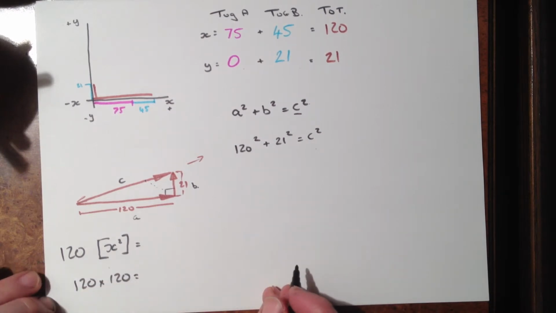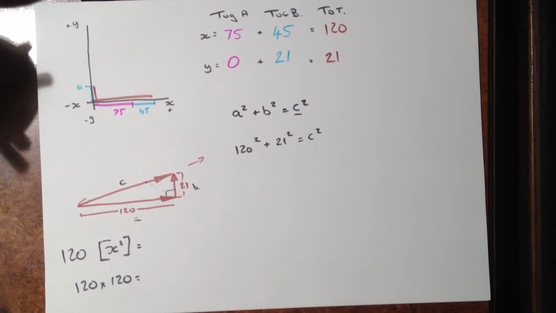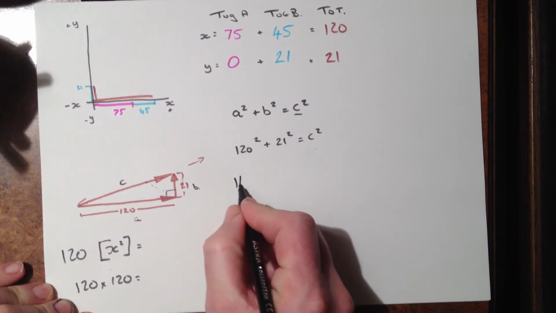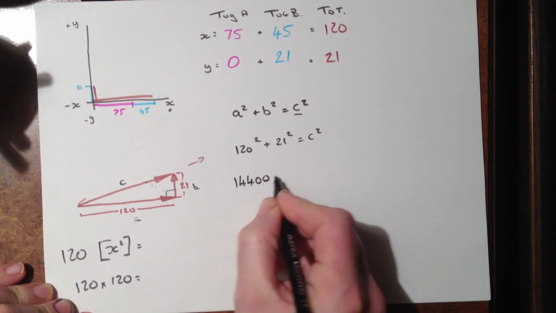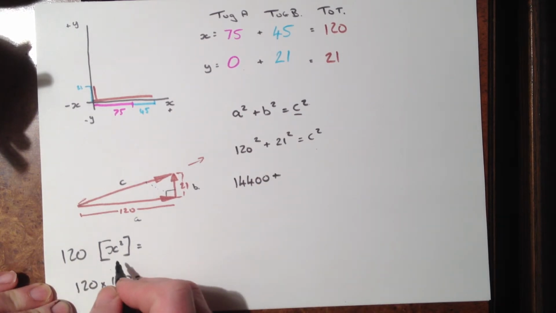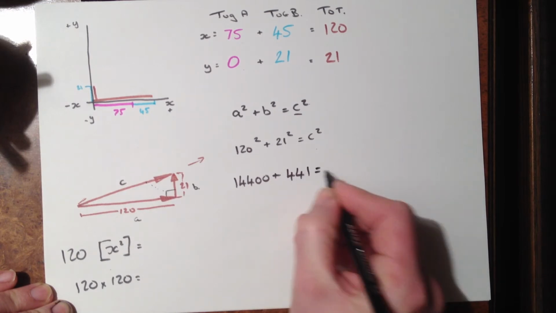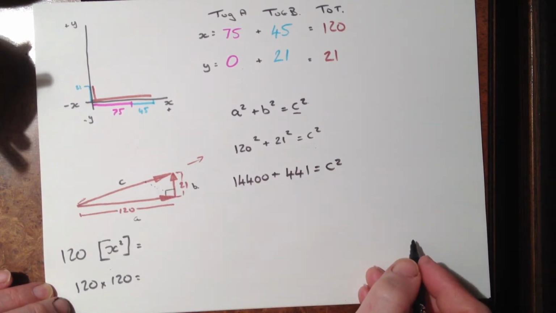In this case, 120 squared is 14400. So I'm going to write that here, 14400 plus 21 squared, done the same way, 21, hit the x squared button, is 441. Again, that's equal to c squared.